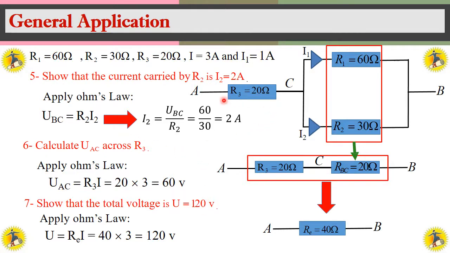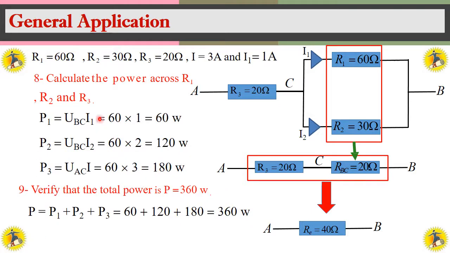We have voltage AC and BC. Since they are in series, we will add them to get 120. Or by applying Ohm's law, we have the total resistance and total current. 40 times 3 equals 120 volt.